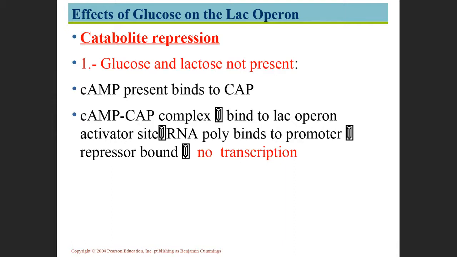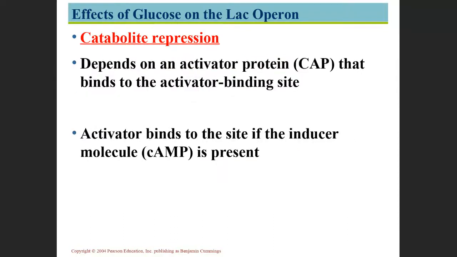Yes, cAMP, it is a second messenger. So this is essentially what's happening. A protein called CAP binds to the activator site, and it's needed for RNA polymerase to bind to the promoter. However, in order for CAP to be active, cAMP must be present.